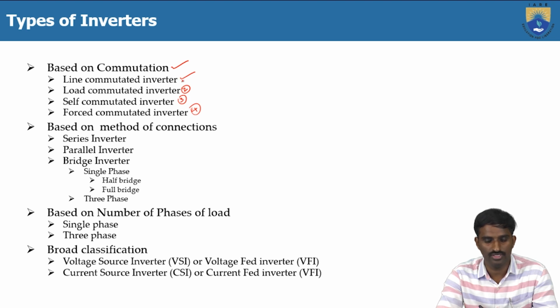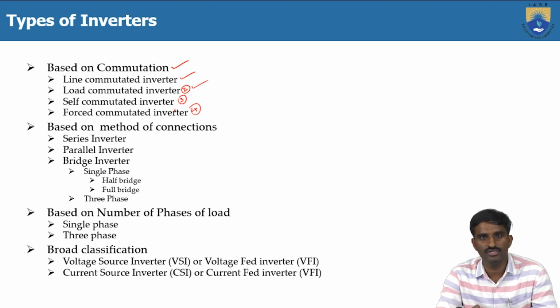In a load commutated inverter, the nature of the load itself is used to commutate, which means to switch off, the thyristor.